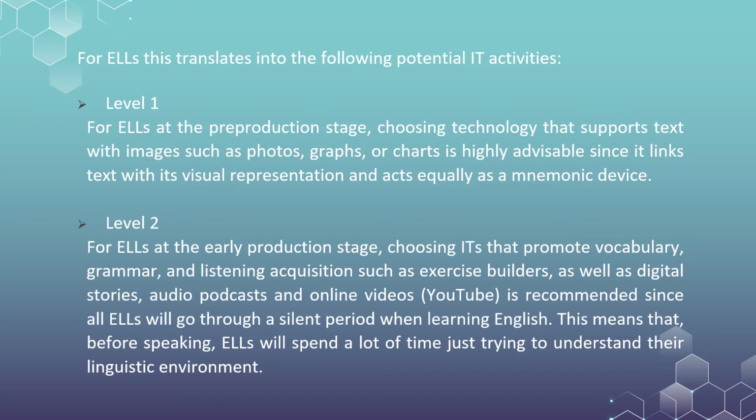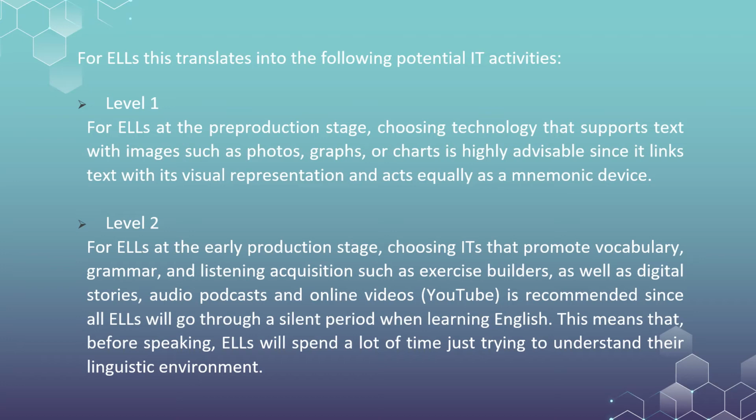Level 1. For ELL at the pre-production stage, choosing technology that supports text with image such as photo, graph, or chart is highly advisable since it links text with its visual presentation and acts equally as a mnemonic device. Level 2.